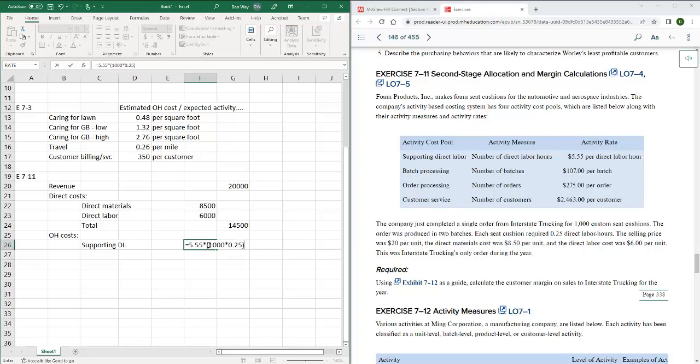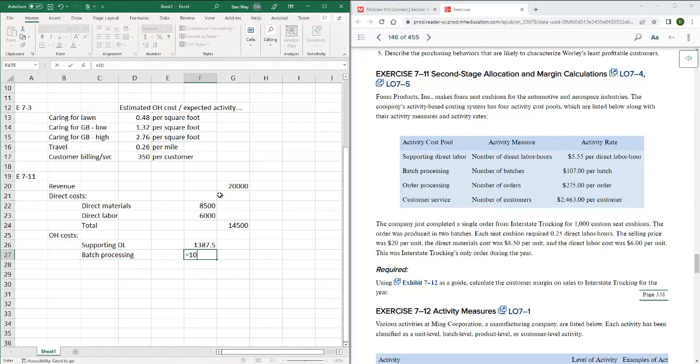In other words, what's shown in the parentheses here is the total direct labor hours required to fill this one order they had during the year. 1,000 seat cushions times a quarter hour, or 250 labor hours. So that times our activity rate of $5.55 per direct labor hour: 1,387 and some change.